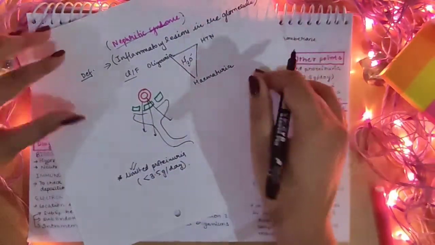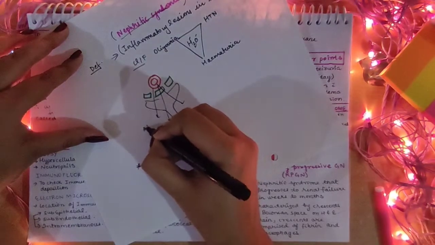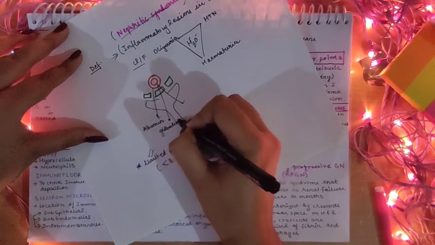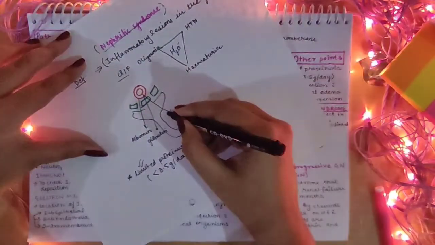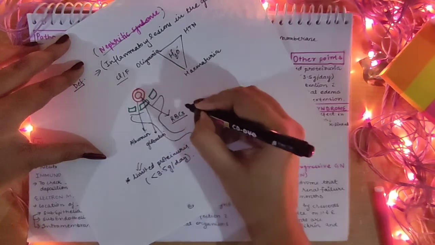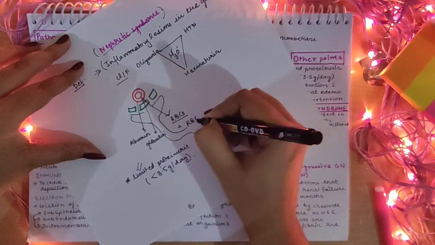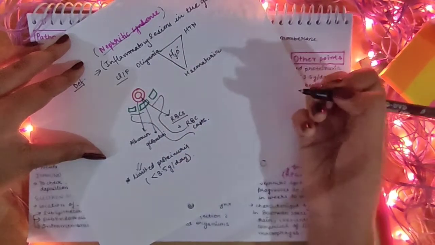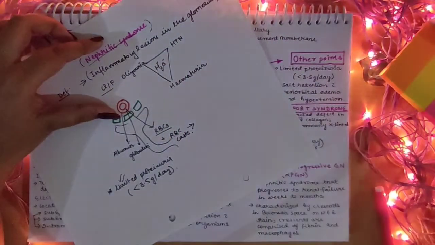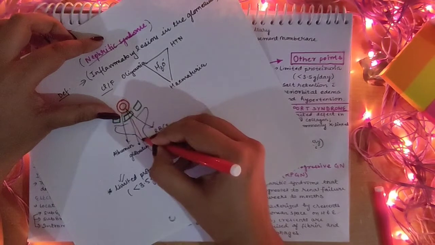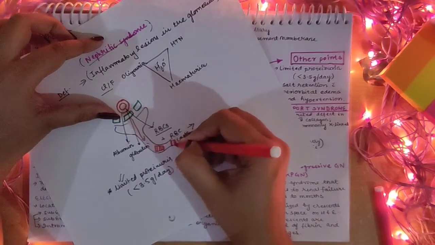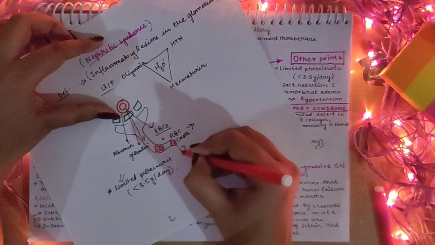Nephritic syndrome, important point is that it is limited proteinuria. What kind of protein comes down? Proteins like albumin, globulin, etc. come down. With the proteins, RBCs also come down, and with the RBCs, RBC casts are also coming down. And now you must be wondering, what are RBC casts? When RBCs are coming down, they get stuck in the tubule and acquire a cylindrical shape.